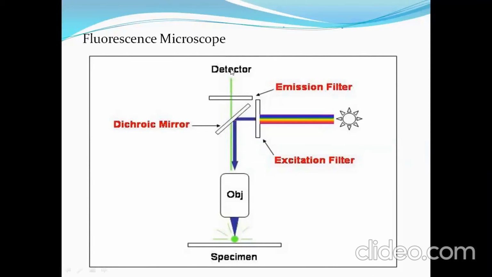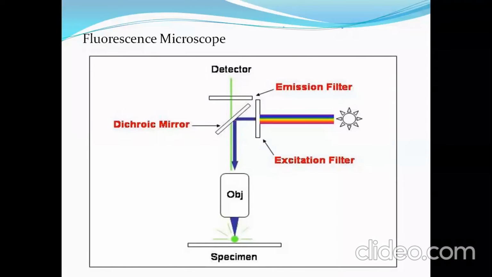So what is the function of this dichroic mirror? See, from the name, the terminology dichroic means two colors. So a very important role is played by this dichroic mirror. Each and every dichroic mirror has a transition wavelength.